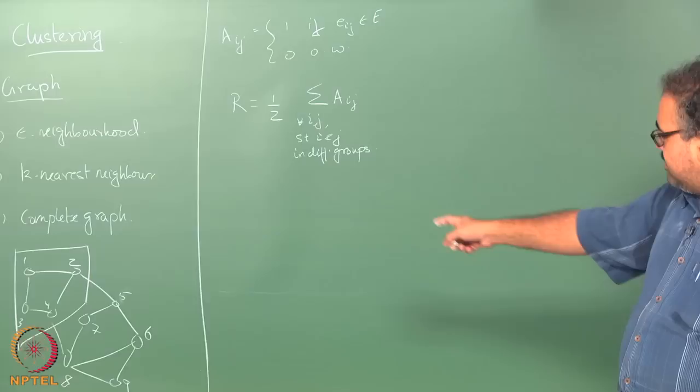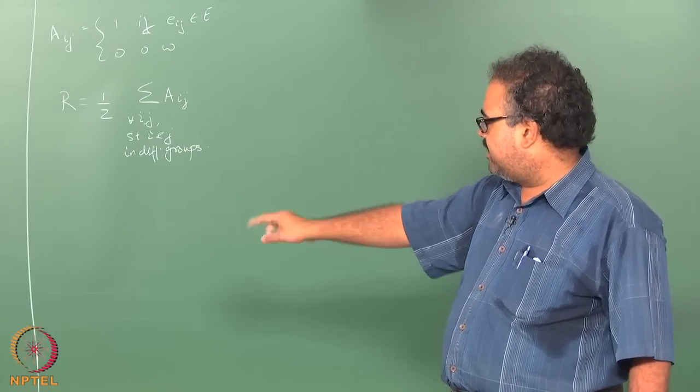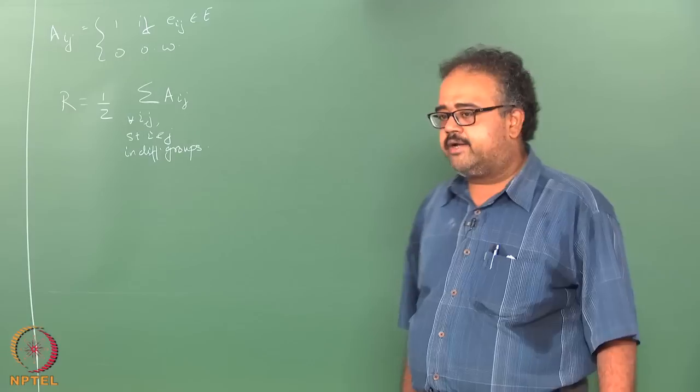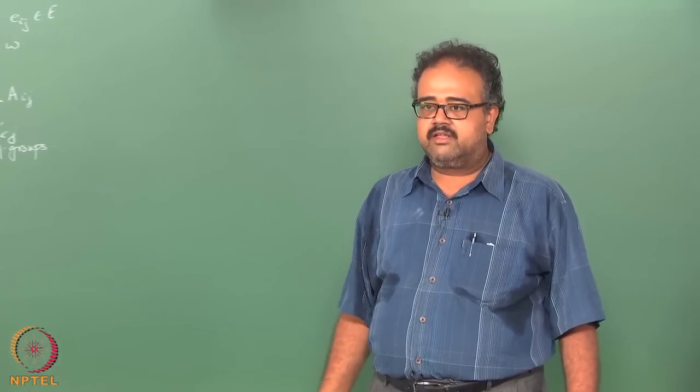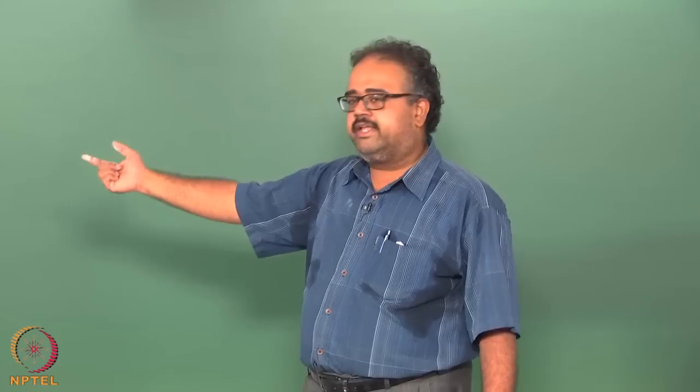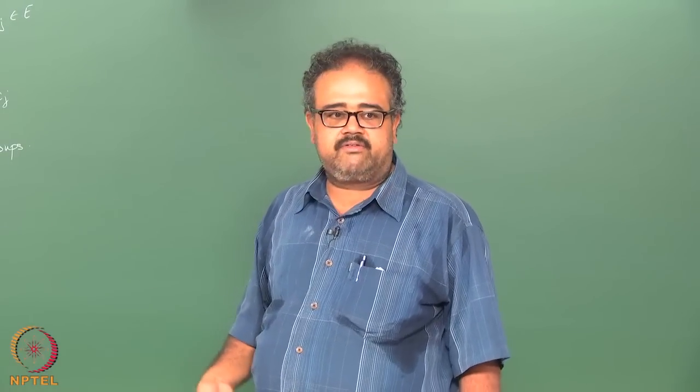So likewise A25, A26, A27, A28, A29, so only A25 will be 1, so I will count that once, right. And then for 3, everything is 0, I do not care, and for 4 I will get a 1, I will count that once, right. I keep going. So for 5 again I will get a 1, so I will count it once, right.